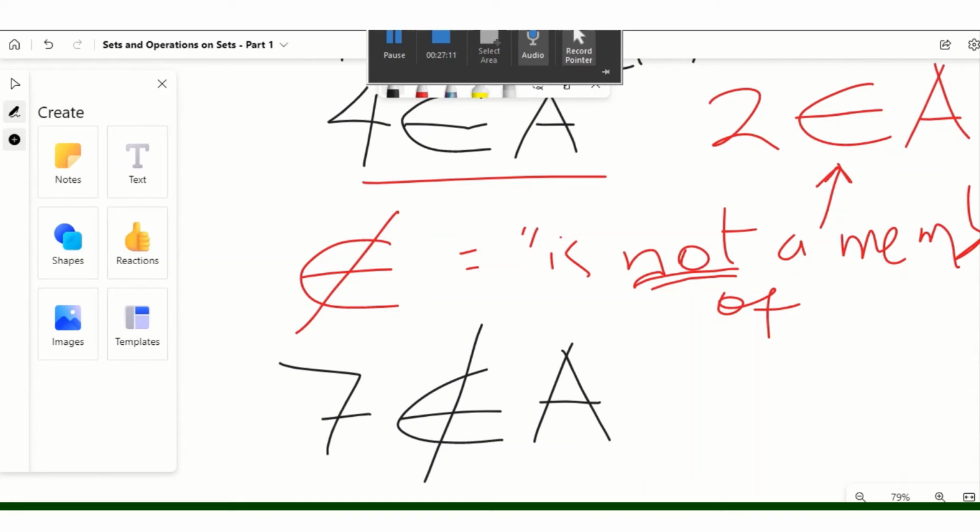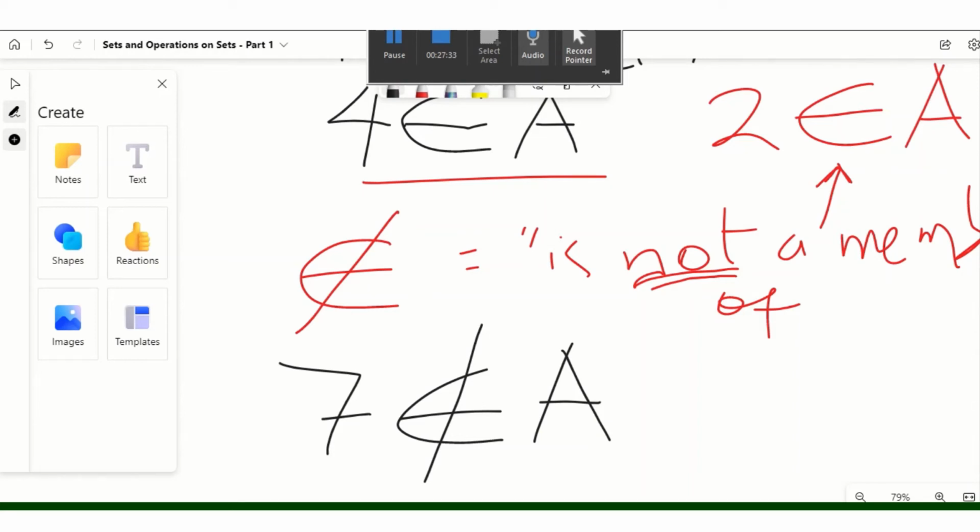The third thing we've talked about is the symbol "is a member of." How do we describe whether a member of a set is actually a member of a set? Like we said, 4 belongs to A. 4 is a member of A.